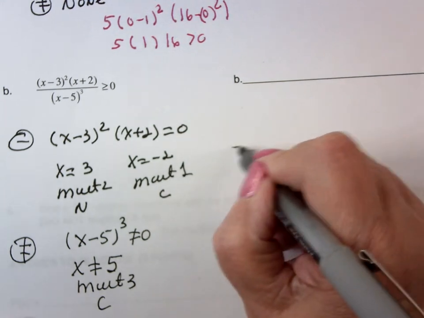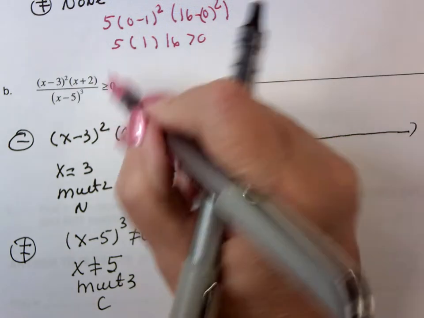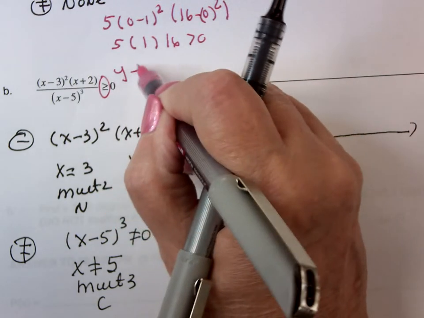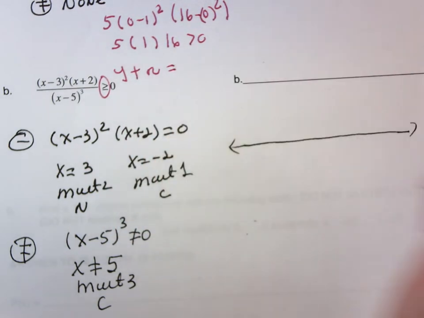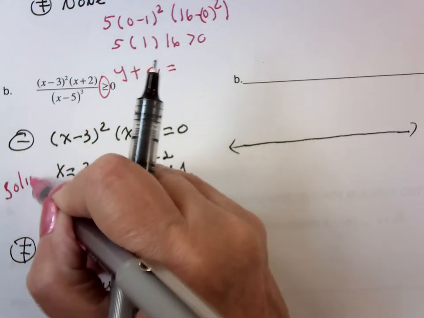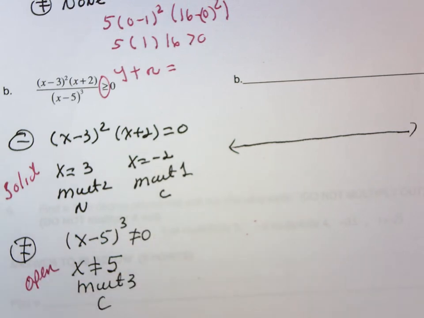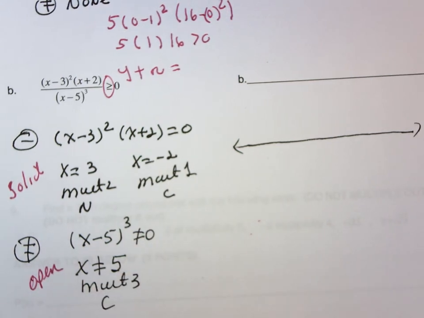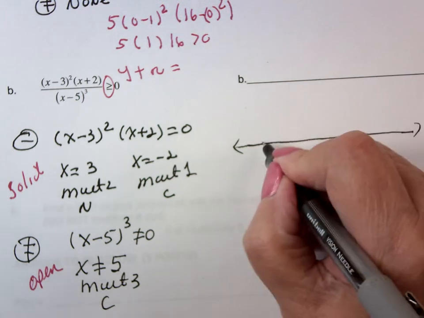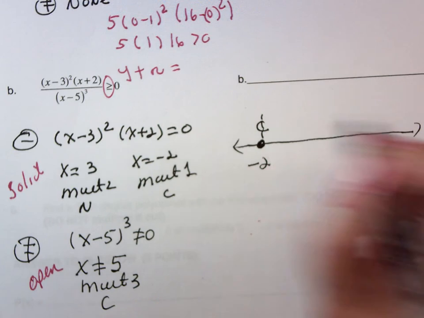So now on my number line, I need to be very careful here, because this says I want y positive or equal to. That means the equal is a solid dot. The not equal is always open. So I have negative 2, solid, change.